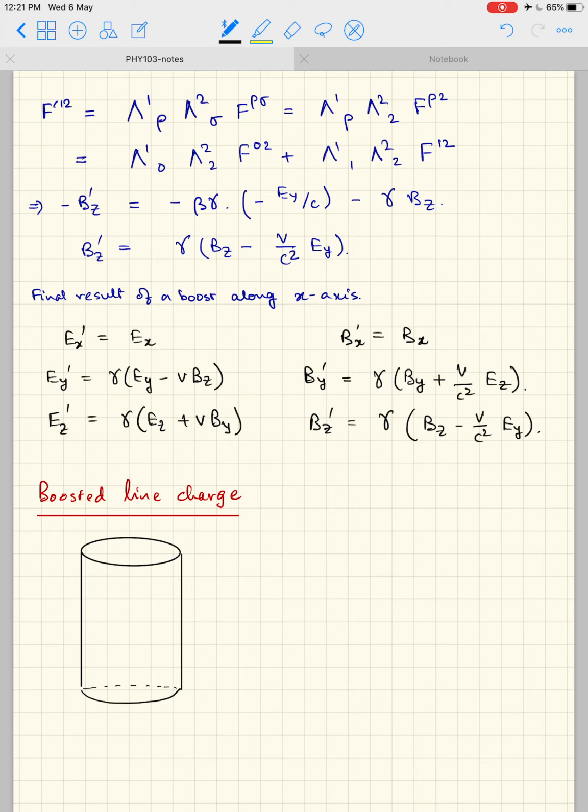So let's take an electric field. We want to look at the electric field. So this particular distance, let's call this R, the radius of R, we call the length L. So electric field of a uniform electric field due to a line with uniform charge.